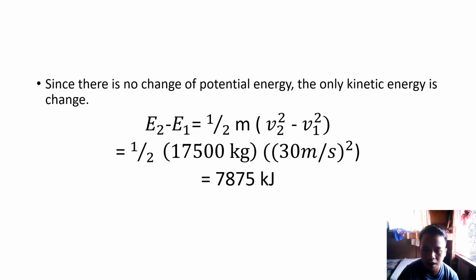It is stated in the problem that it starts from 0 to 30 meters per second, so let's assume that V1 is 0. So 1 half times 17,500 kilograms times 30 meters per second squared is equal to 7,875 kilojoules.